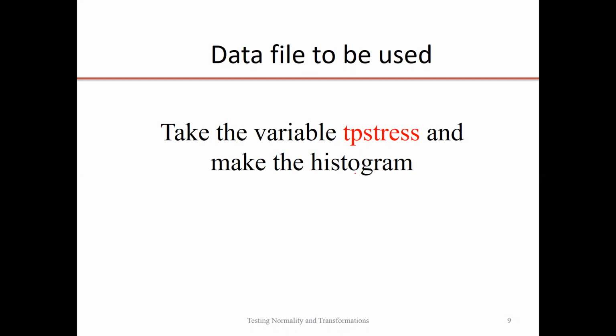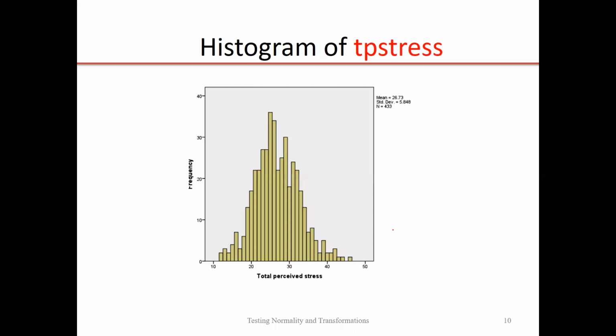Take the variable tpstress. This was done in SPSS. Now this is the histogram. This histogram indicates that the data is slightly positively skewed. If I observe the graph, it is roughly normal, but this part shows a positive skewness.